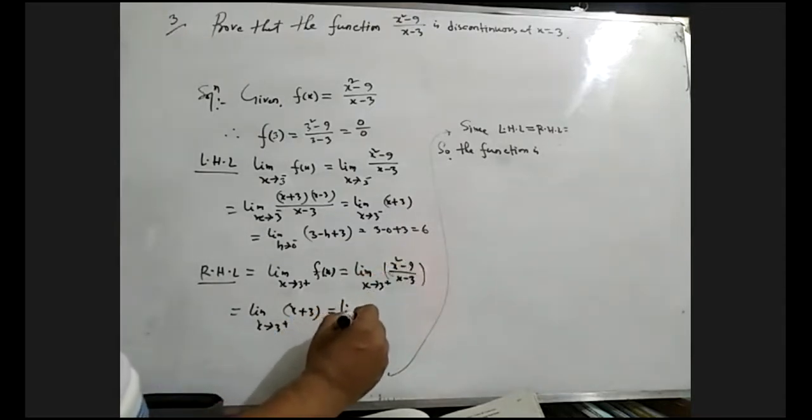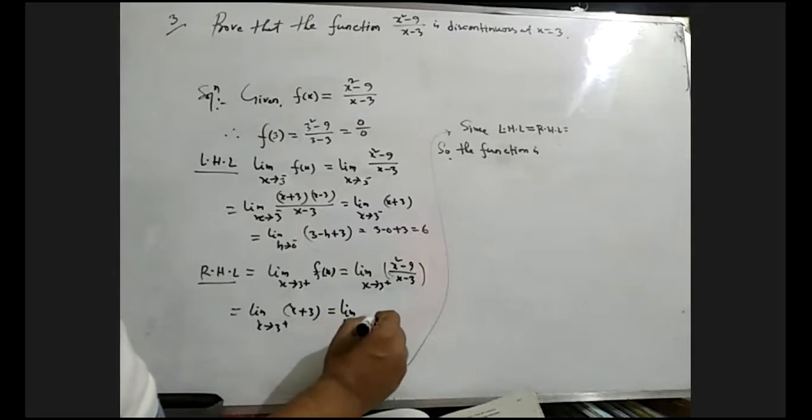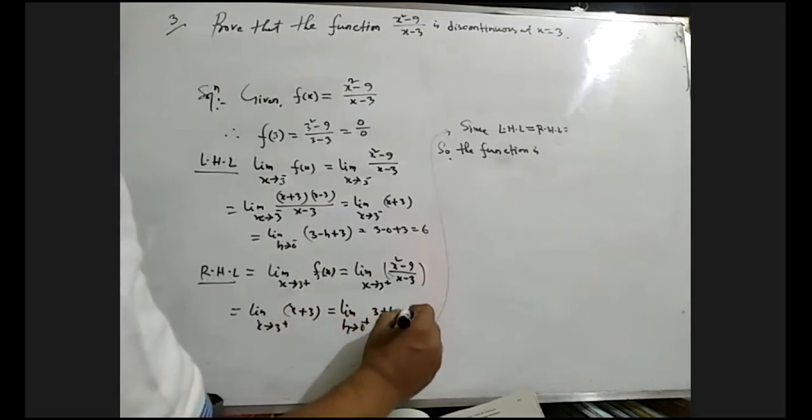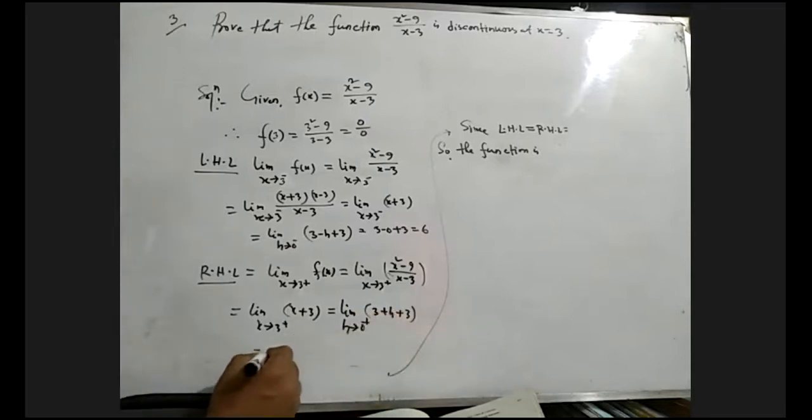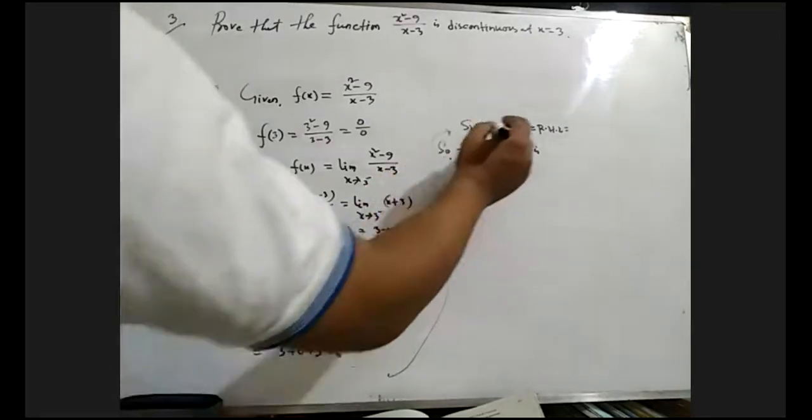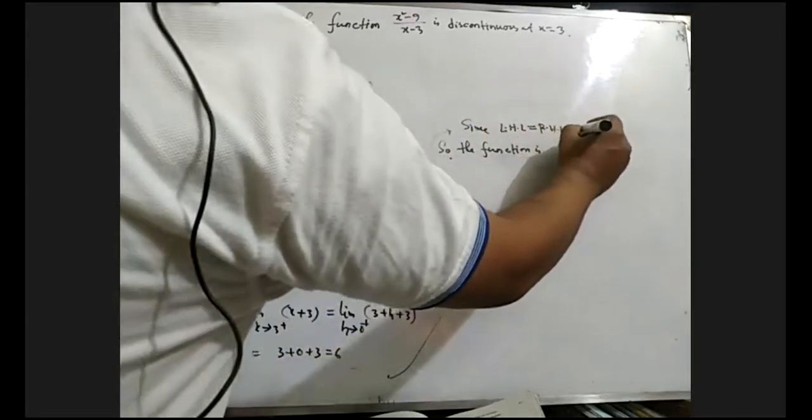So, applying A's method, x converted to what? A plus x. That means 3 plus x. Okay, now putting the limit values, we get equally 6. That means what? Left hand limit equals to right hand limit, but does not equals to what?